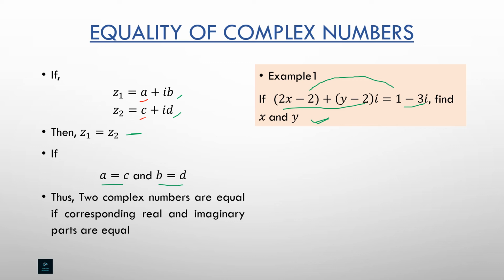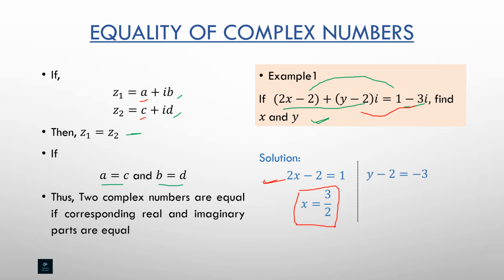If we equate real components, we get 2x minus 2 equals 1. This means x is equal to 3 by 2. Similarly, if we equate the imaginary components, we get y minus 2 equals minus 3, and then y is equal to minus 1.